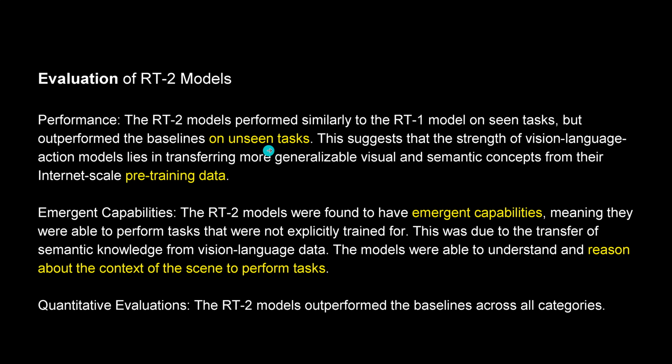As I told you, it outperforms the baseline on unseen tasks. Yes, pre-training. Yes, you also have these emergent capabilities. They performed tasks that they were not explicitly trained for. This is exactly what we need in a spacecraft in an environment where we have not been. We have never seen it. We don't understand what's going on.